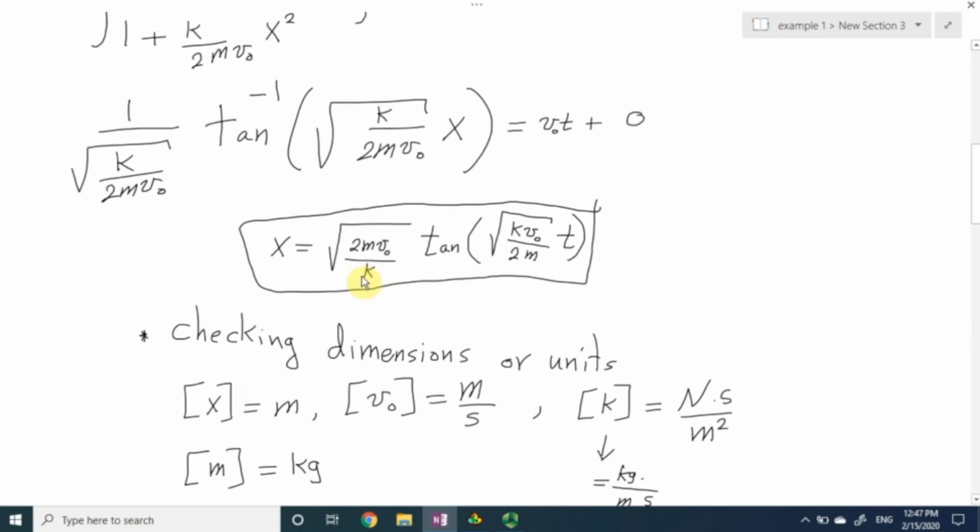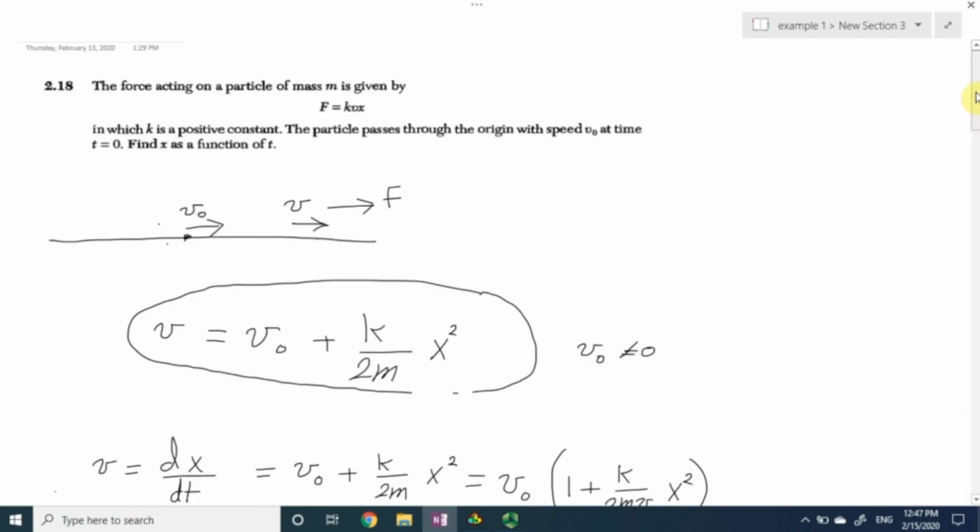Now k is the constant that's in the force equation. So you can go back to the force equation and check what is the unit of the constant k. Force is in Newton, velocity is in meter per second, and x in meter. So now you can easily find the unit of the constant k.